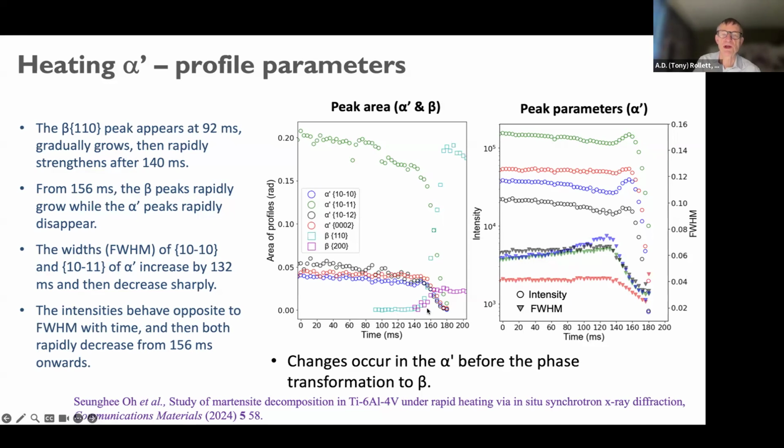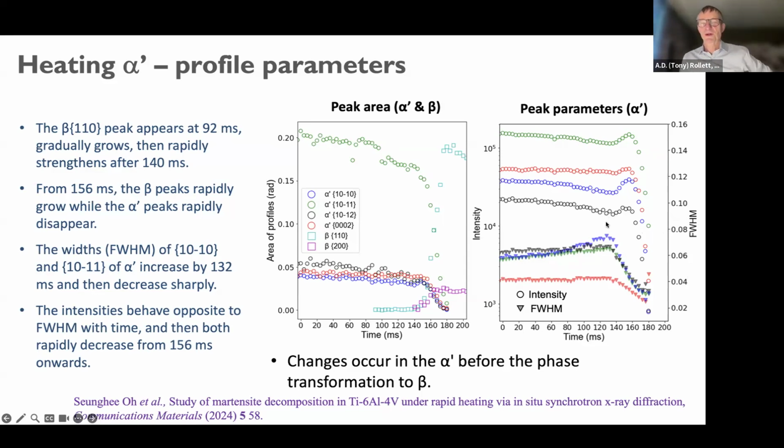And you first see the 110, and then you see the 200, and at a particular point in time, aka temperature, the beta appears very strongly. The alpha, of course, is still there, but the alpha prime peaks do interesting things. It's not just the peak area that changes, but this FWHM is full width half max.